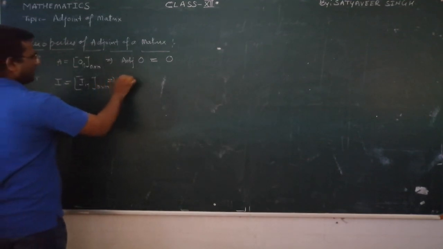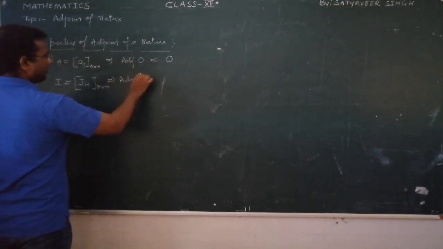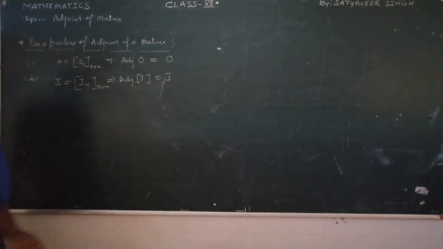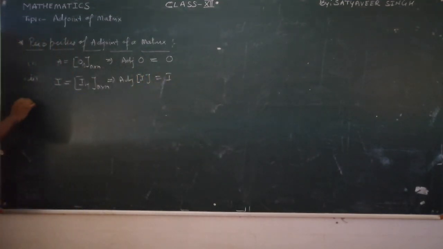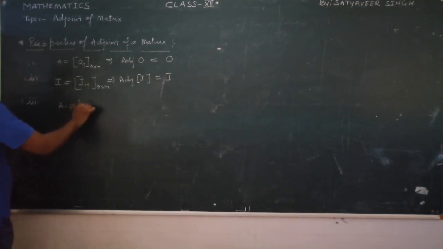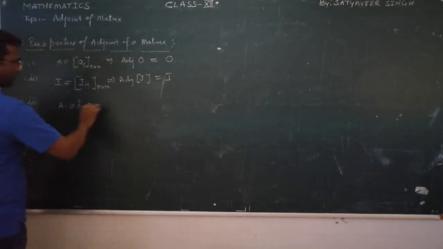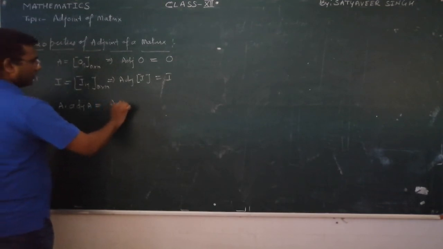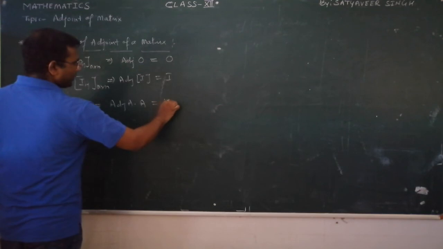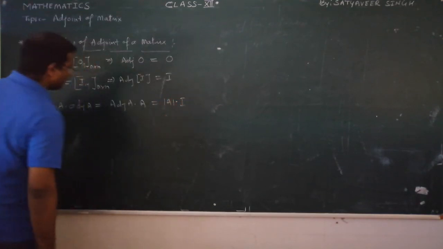Then we know that adjoint of I is also I. There is one more property which is very, very important, like A into adjoint A is equal to adjoint A into A is equal to determinant A into I.